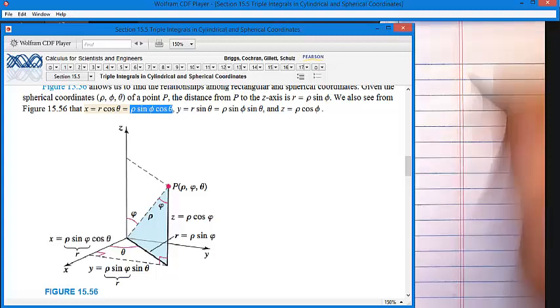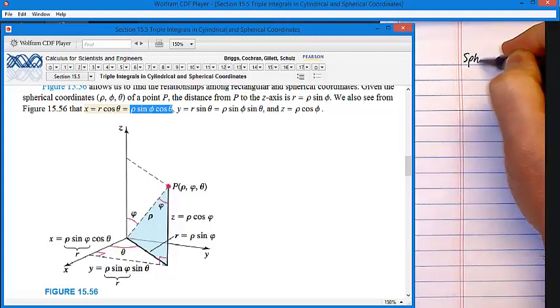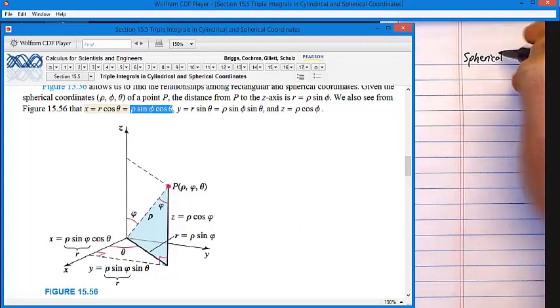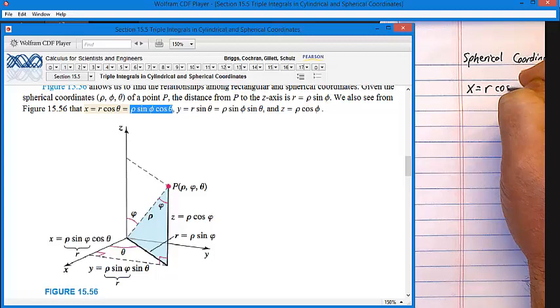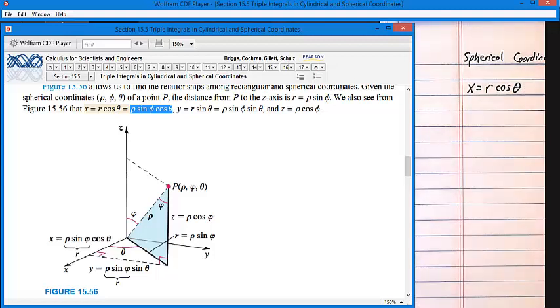When I do spherical coordinates, I do understand that x is equal to r cosine theta, where r, see r on the picture? R is in the xy plane. It doesn't go up or down at all, right? It's the base of that blue right triangle, but it's also the hypotenuse of another right triangle. You guys see it?